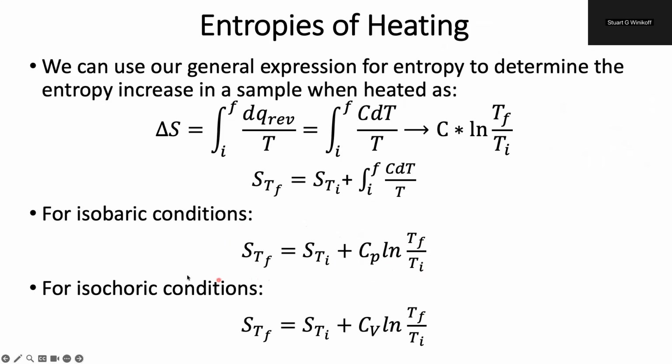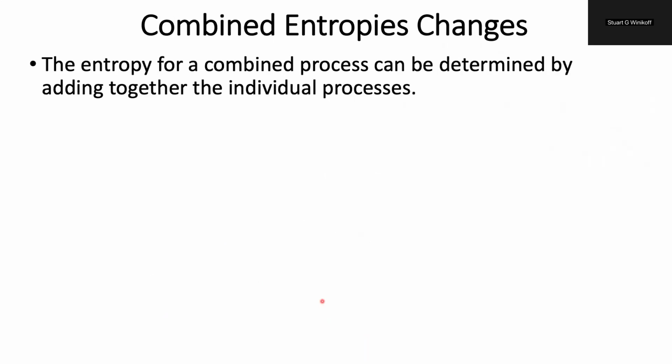Note, we can also do this same process for isochoric conditions, or constant volume, simply by substituting the isochoric heat capacity. One of the reasons this is very nice is that now we have a good idea of how entropy changes with pressure, temperature, and phase. That means that if I'm doing a more complex change, I can add together each of these individual bits.